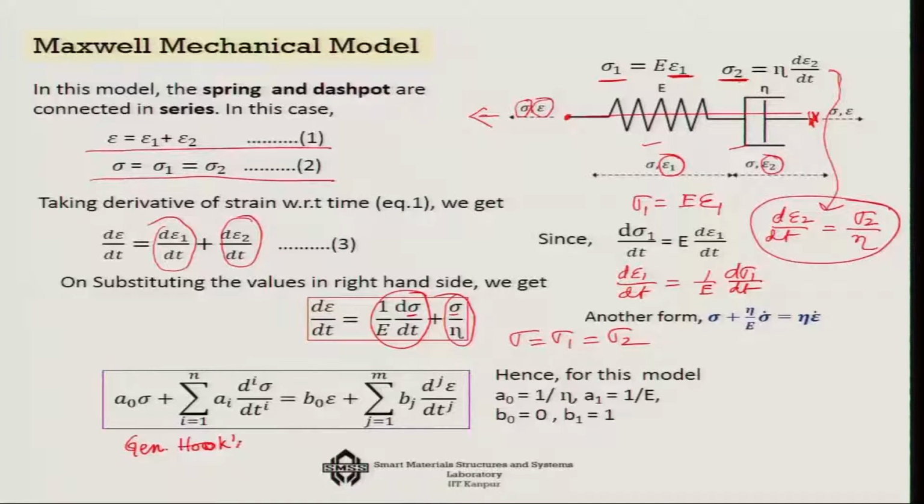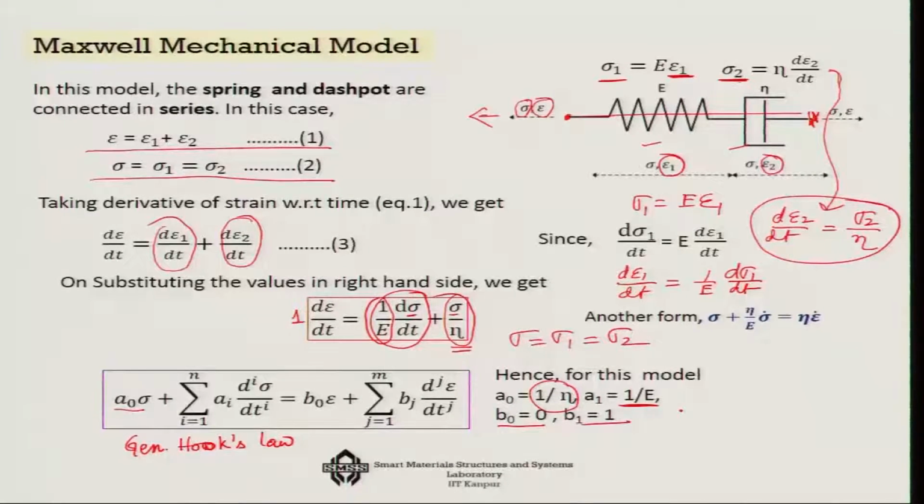So this is the generalized Hooke's law, and if I try to fit this model into it, then naturally A 0 sigma, that A 0 will be 1 over eta, that is this term, and then A 1 d sigma dt, only up to the first derivative we can go, A 1 will be nothing but this 1 over E. And in the right hand side, there is no constant term, so B 0 is 0, and B 1 is actually unity. So B 1 is 1 here.